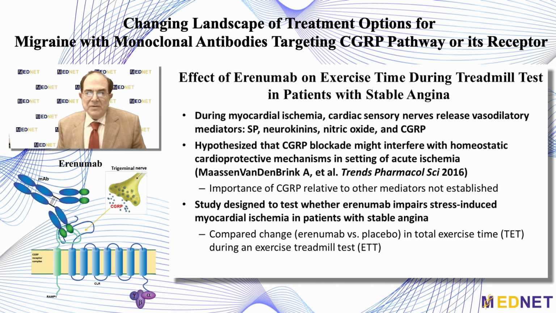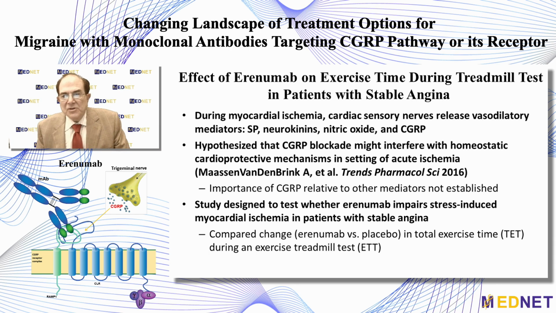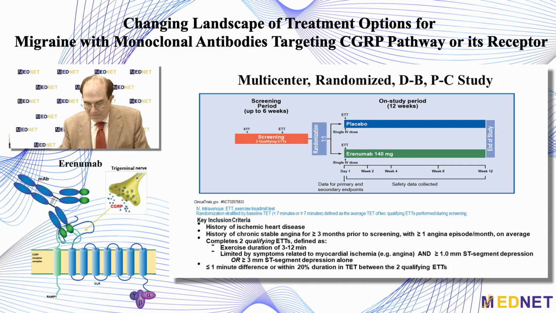Now, one of the interesting studies that was done is the effect of erenumab in patients with stable angina. We know that during myocardial ischemia, the cardiac sensory nerves release vasodilatory mediators, including substance P, nitric oxide, and CGRP. It was hypothesized that blocking CGRP may make things worse. So a study was actually designed to see whether erenumab impairs stress-induced myocardial ischemia in patients with stable angina.